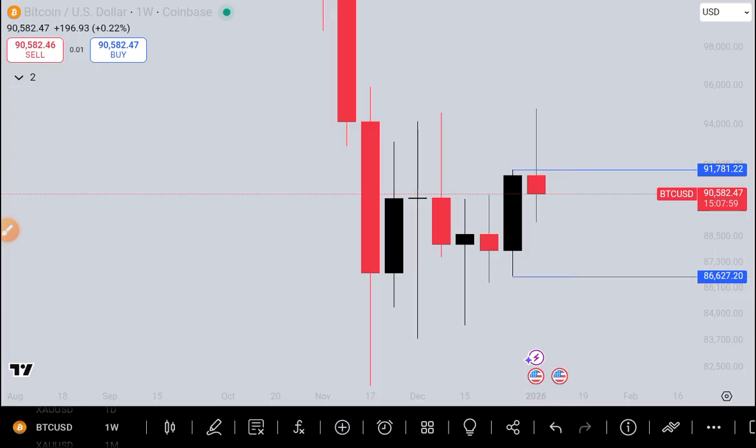We are clearly seeing within this candle range that price mitigates the high and doesn't close above it. It comes and closes below it.